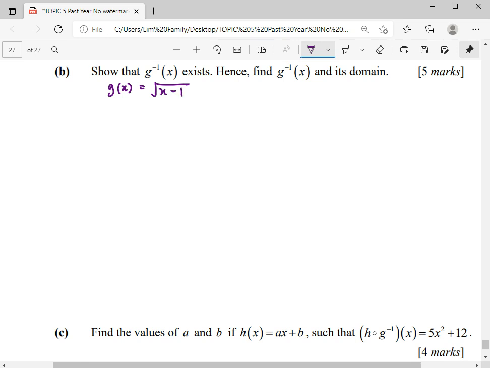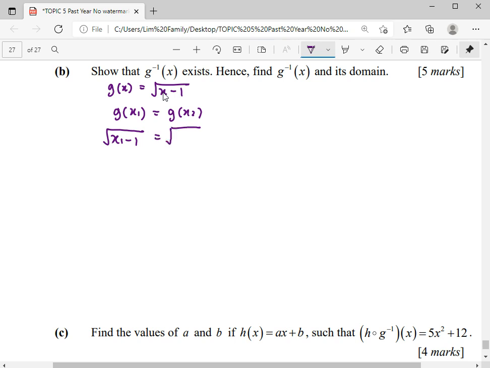In order to do the one-to-one test algebraically, we start with the assumption that g(x1) equals g(x2). We substitute x1 into the function: the left hand side becomes the square root of x1 minus 1.